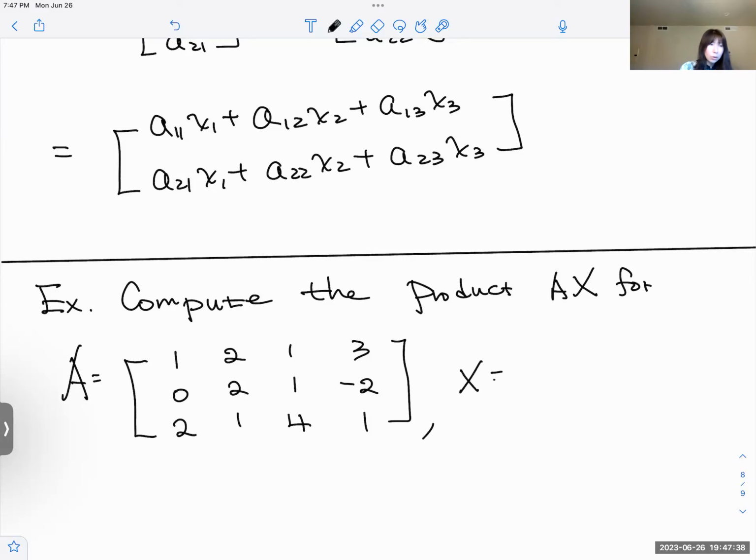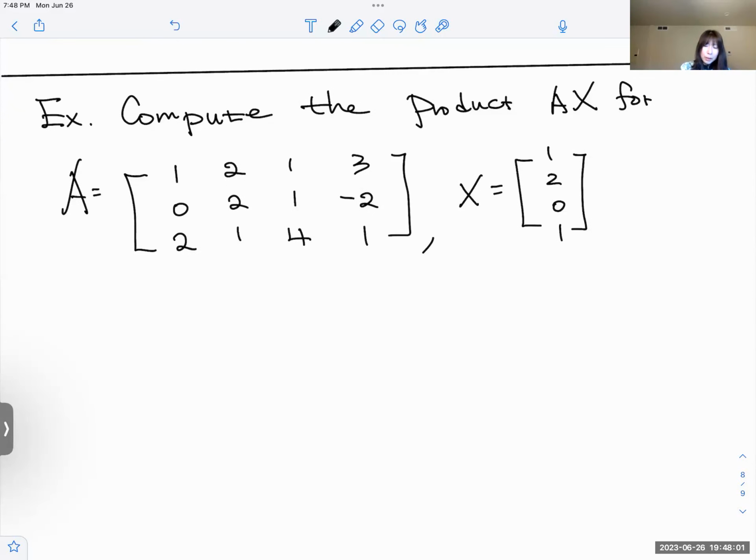X equal to 1, 2, 0, 1. They don't talk about the size yet. After this, they're going to talk about the size.